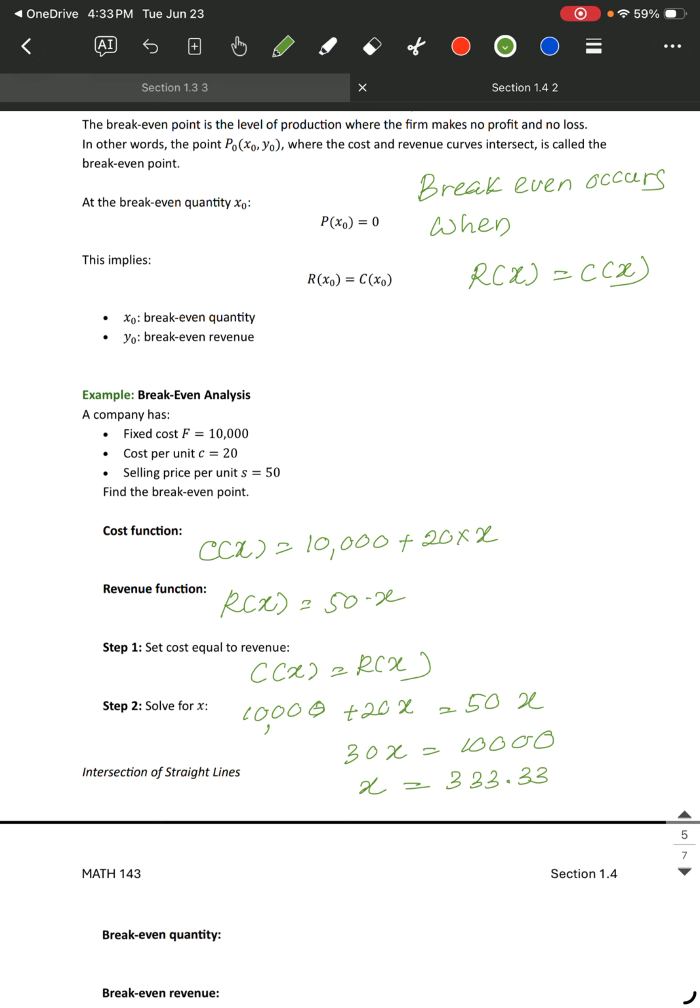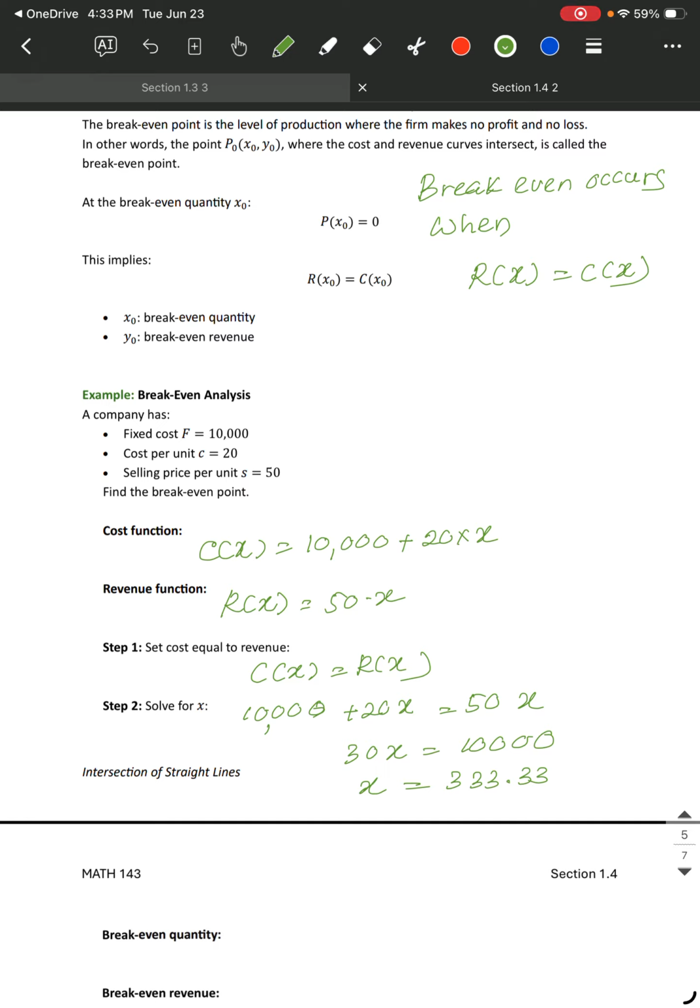So the company must sell about 334 units before it starts making a profit. Always make sure to round up to the nearest whole number, because we are not going to sell half a unit. So the company must sell 334, not 333.33.